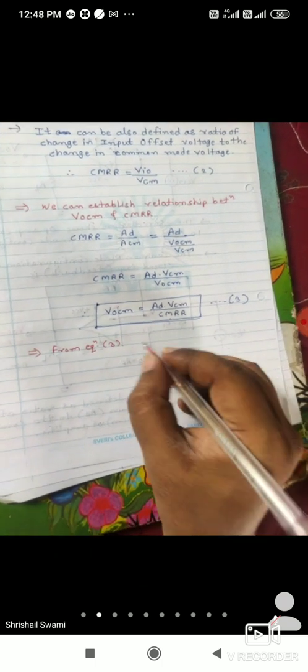From equation 3 we can conclude that the higher the value of the common mode rejection ratio, the smaller will be the value of the common mode output voltage VOCM. So this we can get from equation number 3.